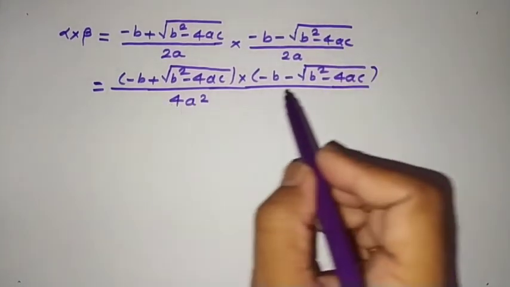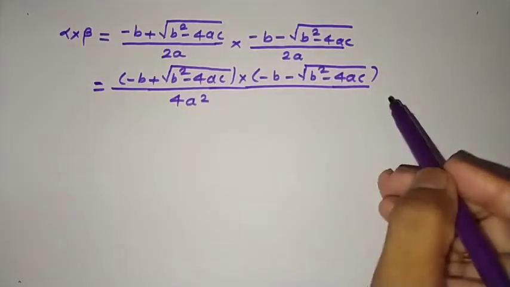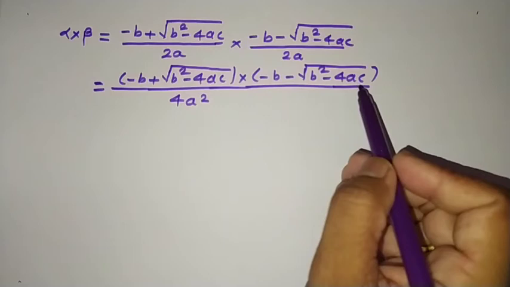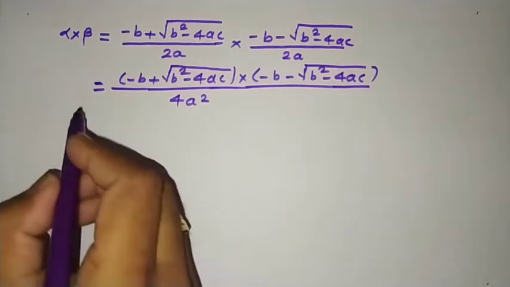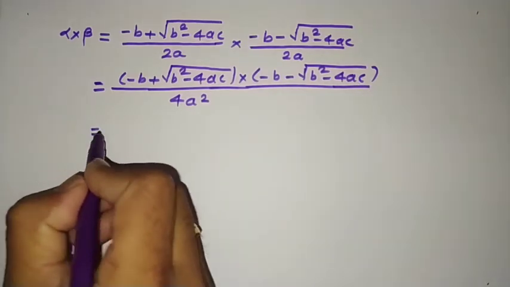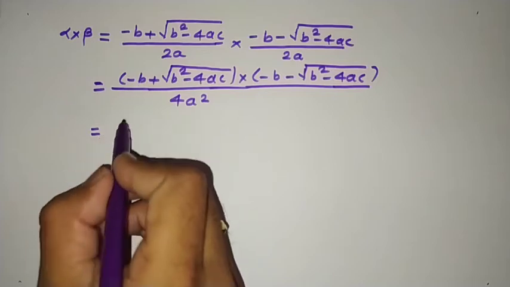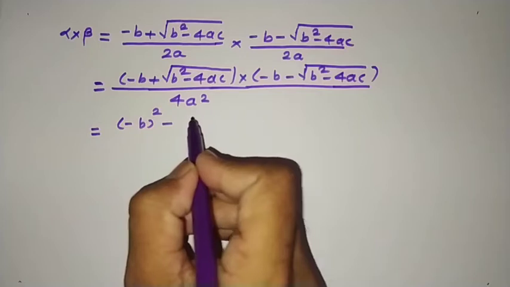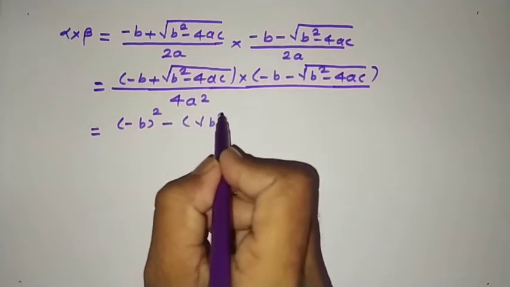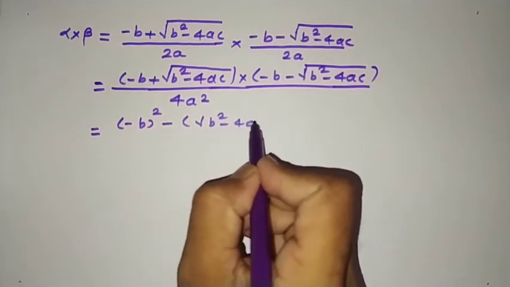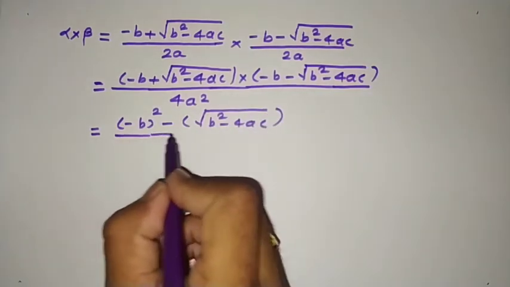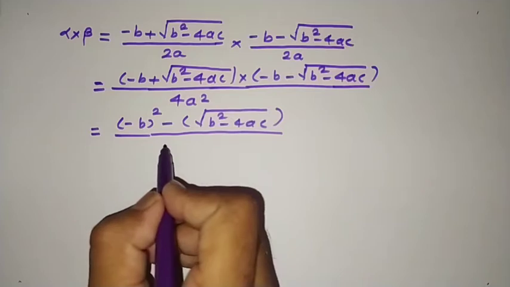This is the expansion of a square minus b square. The first bracket is addition and the second bracket is subtraction. Write down these two terms in the form: first term square, minus square of the square root of b square minus 4ac, upon 4a square.